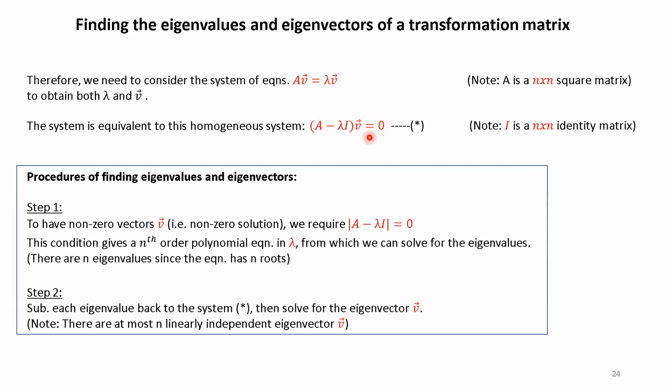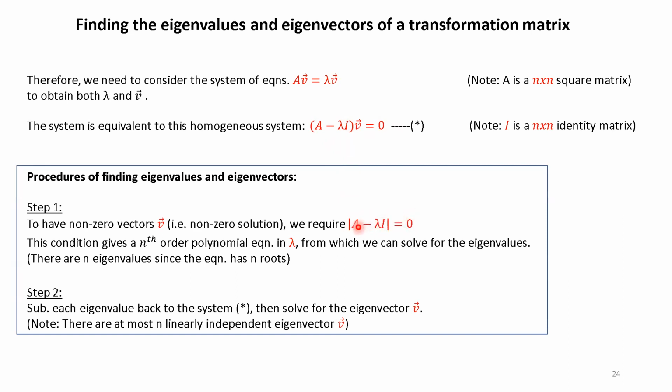When we talk about an eigenvector, it has to be a vector that has a finite length. So we hope that this homogeneous system has a non-zero solution. That means we require that the determinant of this matrix has to be 0.